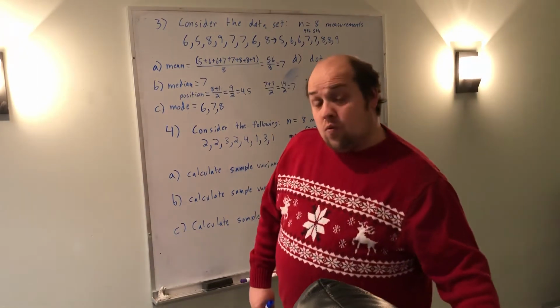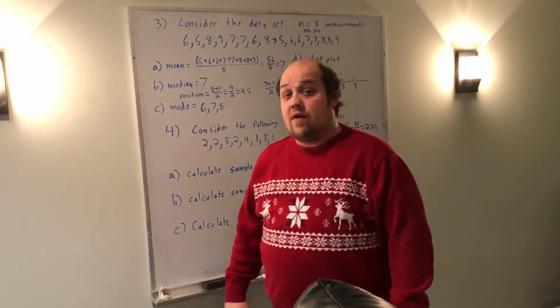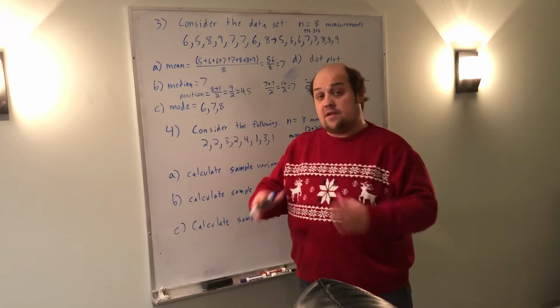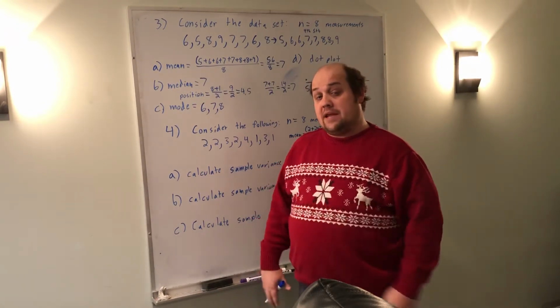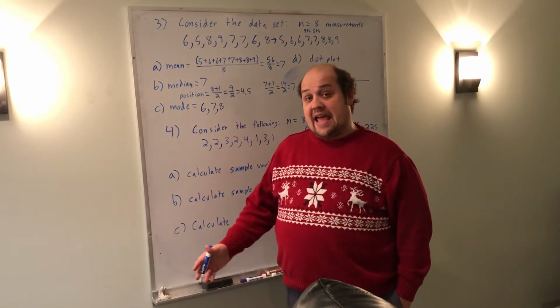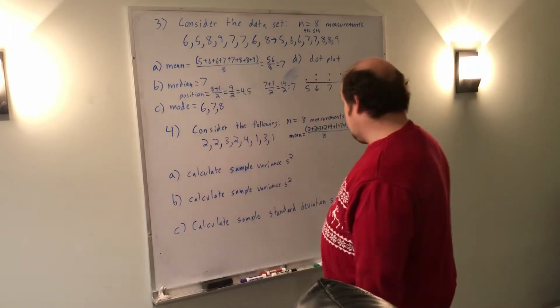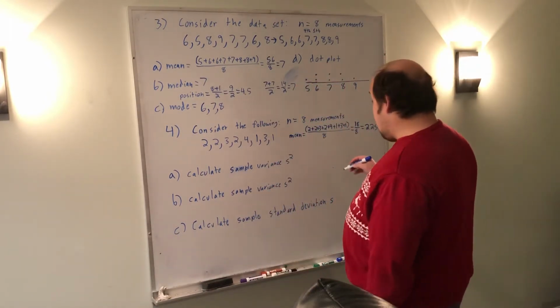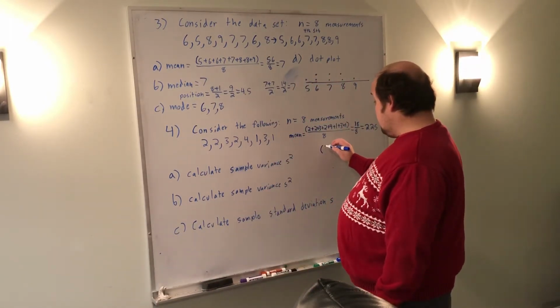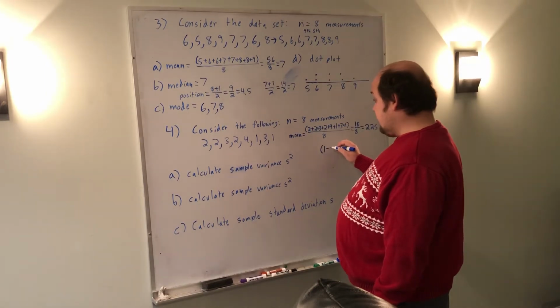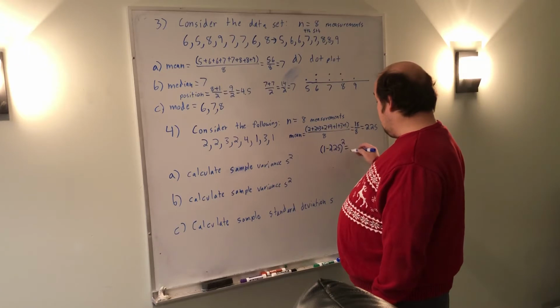Now that I know what the mean is, I need to figure out the squared distance from each data point to the mean, which I'm eventually going to add and divide by n-1. So I have 1 twice. It's going to be 1 minus 2.25 quantity squared.